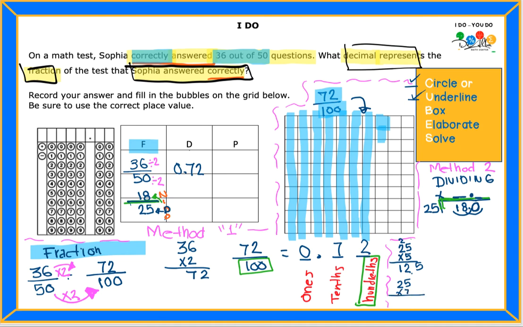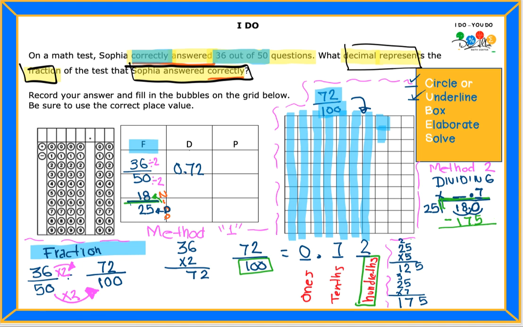Can you help me to multiply? 7 times 5, 35. 5 and we carry 3. 7 times 2, 14. Plus 3, 17. This one's pretty close. So we're going to put a 7 right here. And now we're going to do our subtraction. 180 minus 175.